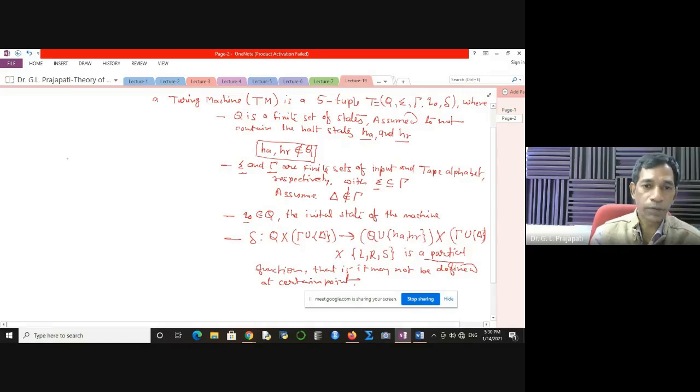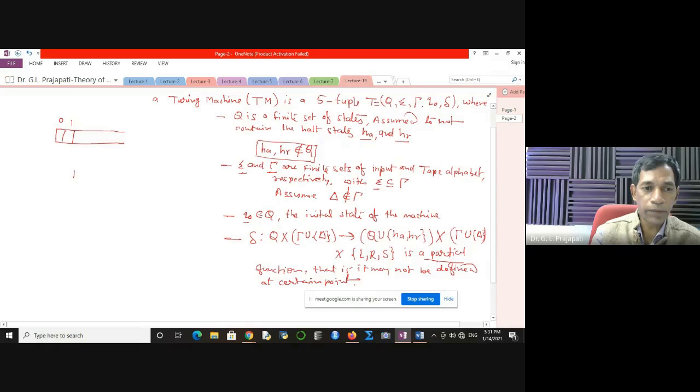Like we have seen, you have the tape, a left-ended tape, and this is square 0, and this is square 1.